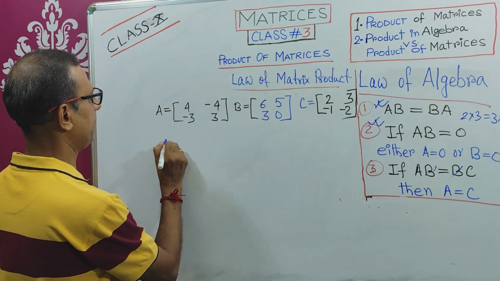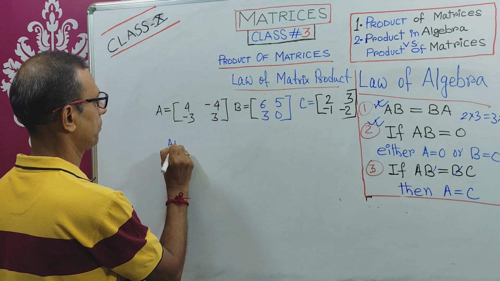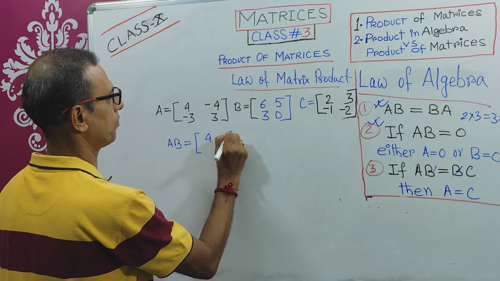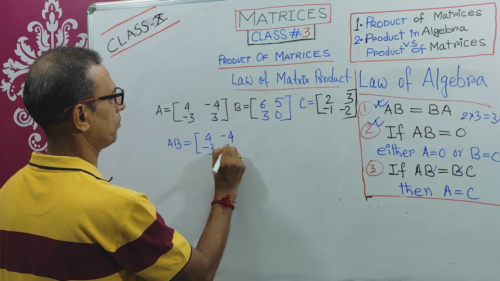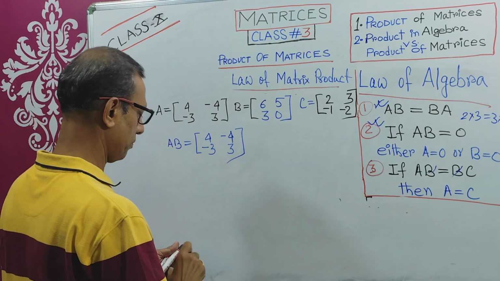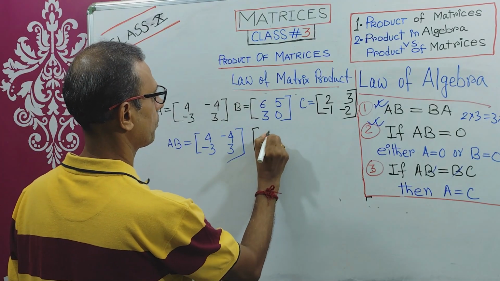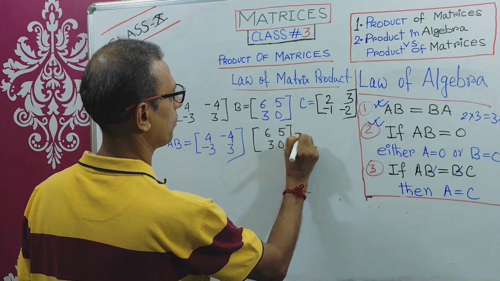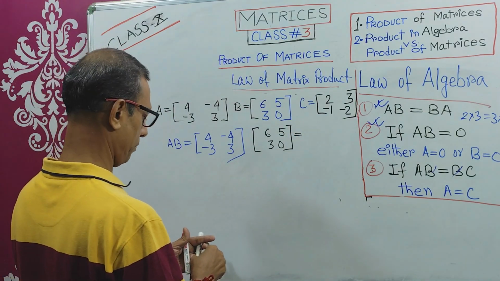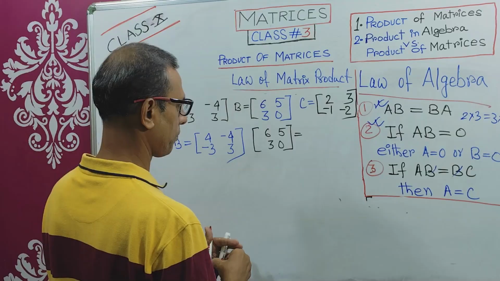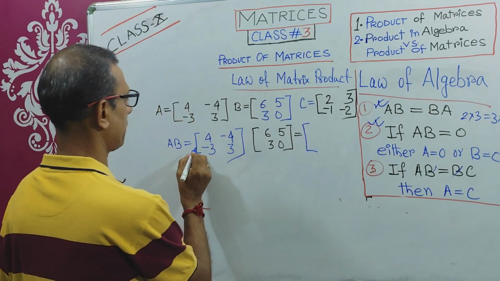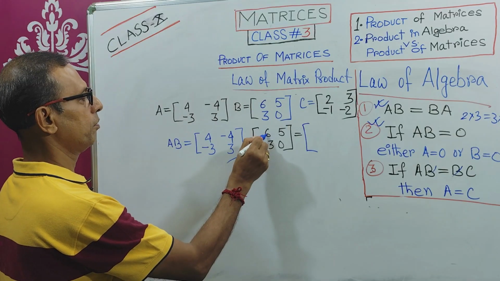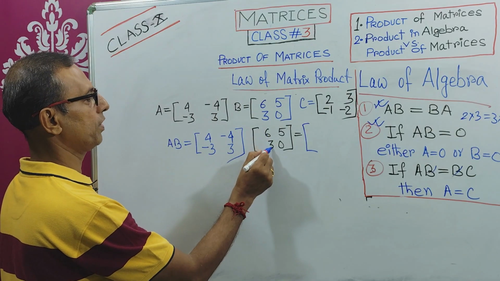So let's find out AB first. I'll straight away write it down, right? So AB: 4 into 6, 24, plus minus 4 into 3, minus 12.